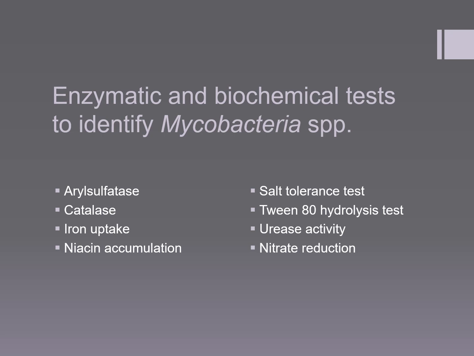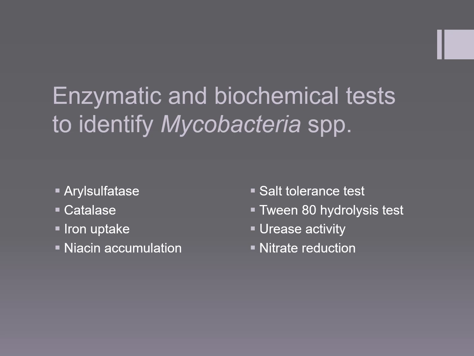The enzyme breaks down phenolphthalein sulfate. In the catalase test, most are catalase positive. However, Mycobacterium kansasii is catalase negative. In the iron uptake test, we can determine if our bug can convert ferric ammonium citrate to iron oxide. In niacin accumulation, we are looking for Mycobacterium tuberculosis, which is positive for niacin accumulation.